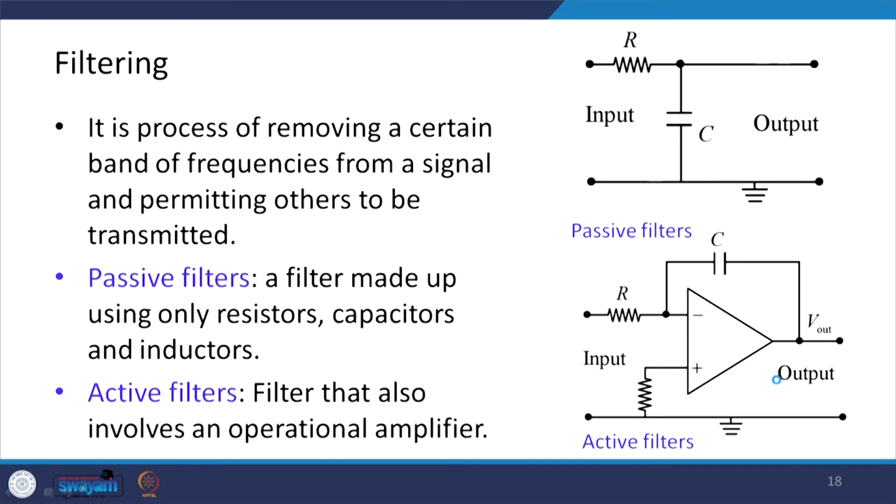Now, let us look at filters. Filters are also an important device in a mechatronic system for signal conditioning purposes. As the name indicates, it is a process of removing a certain band of frequencies from a signal and permitting others to be transmitted.